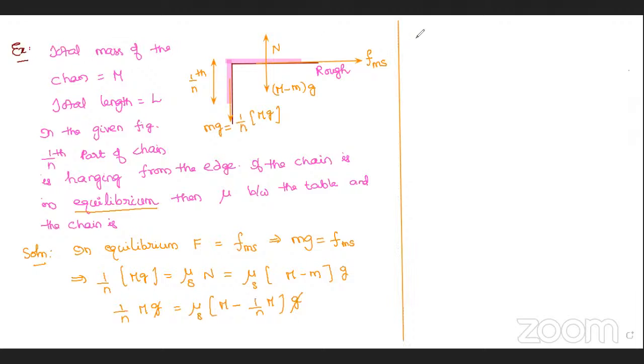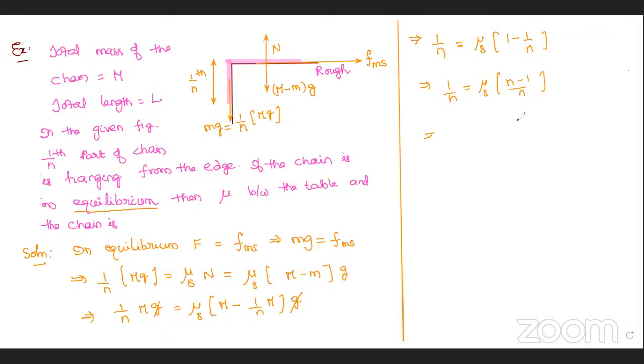Then here if you check, that implies I will get 1/n, M on both sides getting cancelled, is equal to mu_s into (1 minus 1/n). If I take LCM here, 1/n is equal to mu_s into (n minus 1)/n.